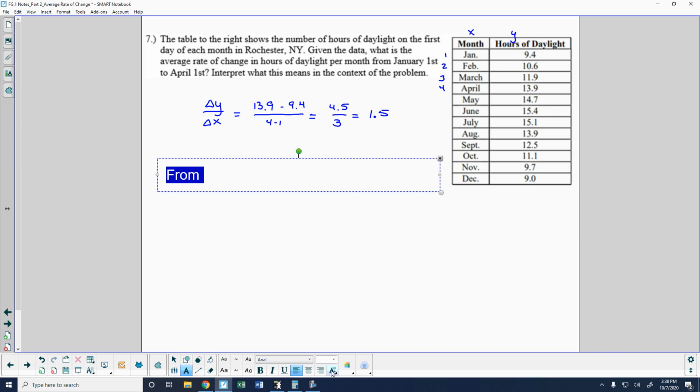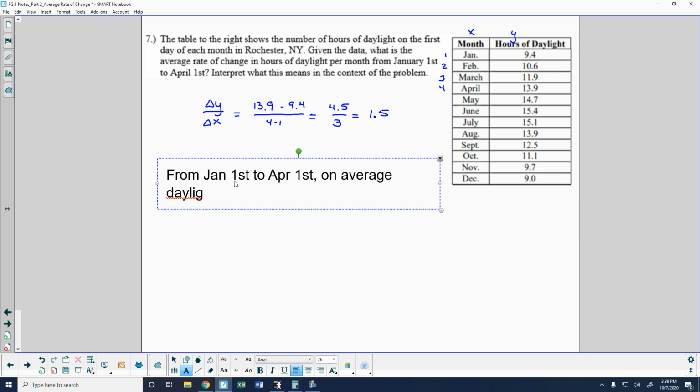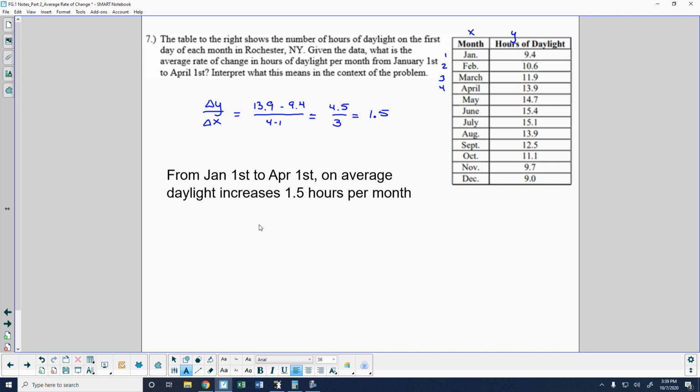From January 1st to April 1st, on average, daylight increases, because it's positive, 1.5 hours per day. Or sorry, on average, daylight increases 1.5 hours per month. So each month, the average increase is 1.5 hours.